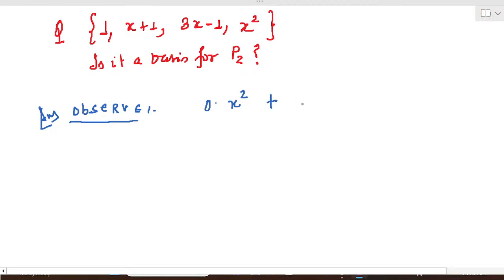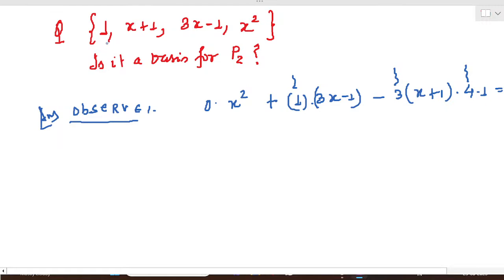There is a linear term 3x minus 1, so I'm keeping it as it is. This has a 3, so I'll subtract 3 times x plus 1. 1 minus 1 is... minus 1, minus 3, so it is minus 4, so I'll write plus 4 into 1 equal to 0. So what is happening?